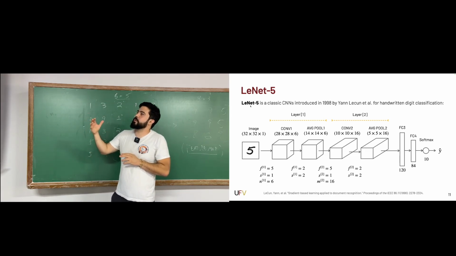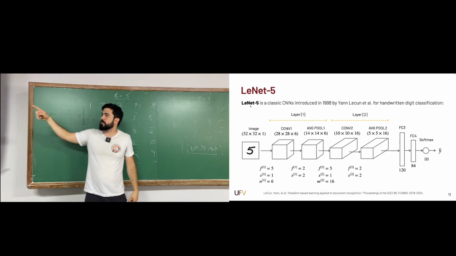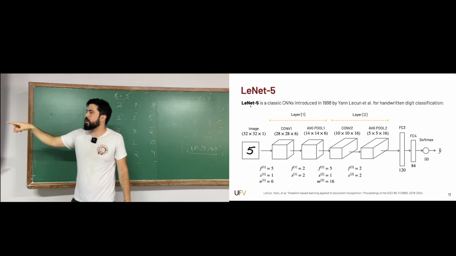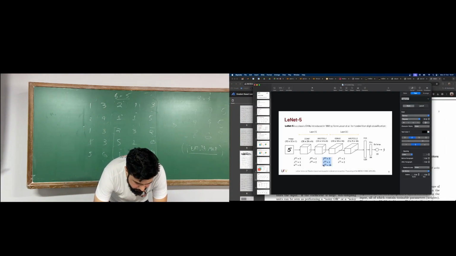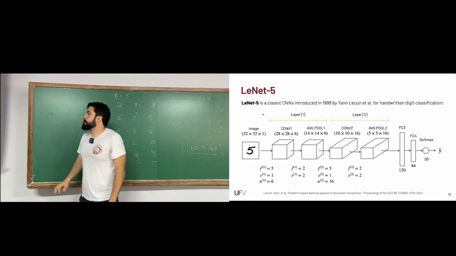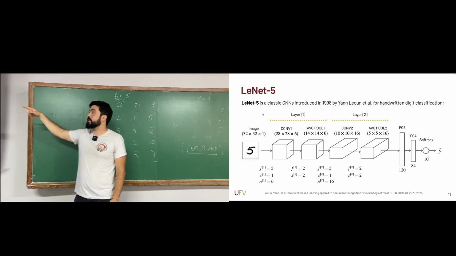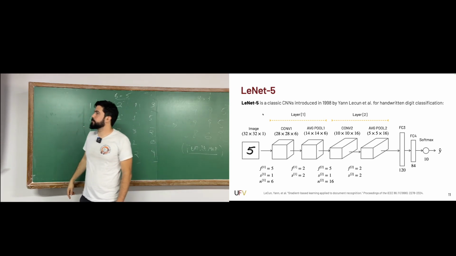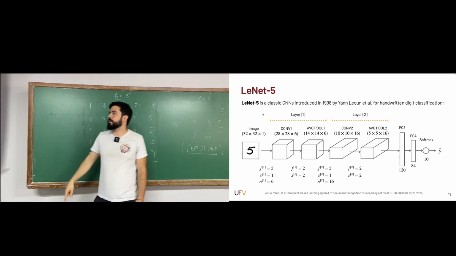And then there's a second layer, which is also a convolution followed by an average pooling. The filter size is still 5, the stride is still 1, but now the number of channels, n2, sorry, is 16. So as a result of the convolution, you get a 10 by 10 by 16 because of those 16 channels.